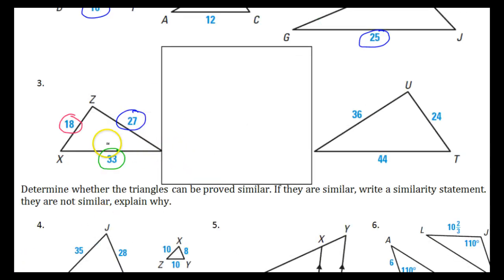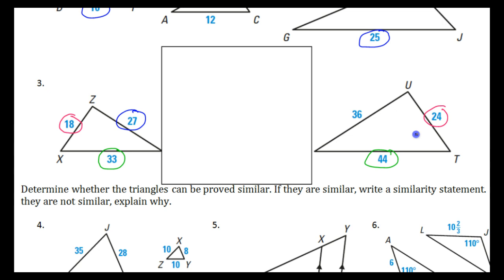Now let's compare the first triangle and the third triangle. We're using green for the biggest. So that is the 44. And we're using pink for the smallest, and that's 24. So I'm glad we're being careful. If we weren't careful, I might have thought that the 18 and the 36 would match, because they're both on the left.